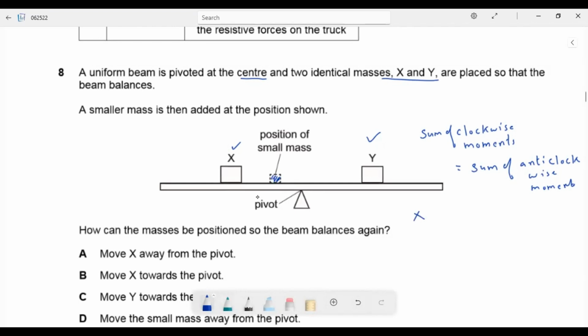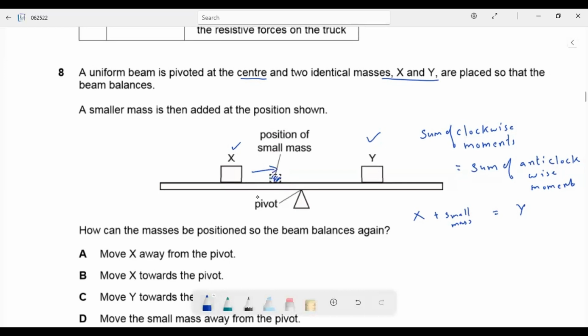On this side, X plus a small mass is being added. That should be equated to the moment by Y. As you're adding this small mass, the moment has increased. So for decreasing that, we need to move X towards the pivot.